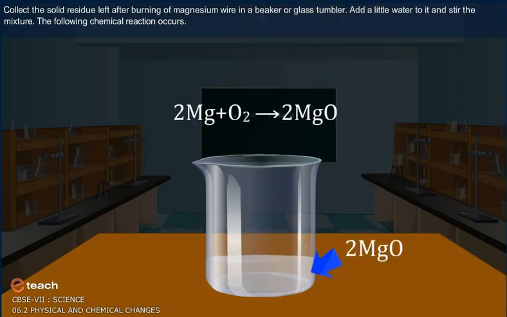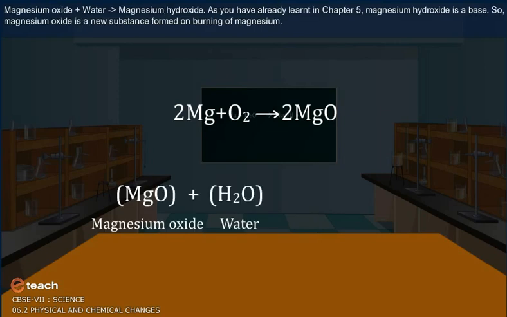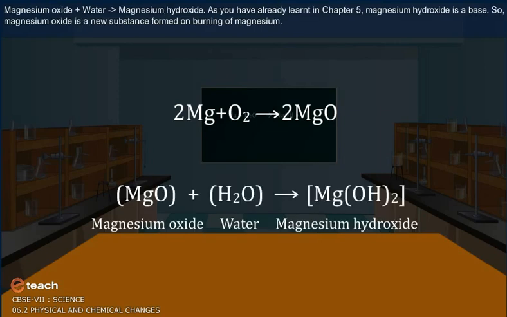The following chemical reaction occurs. In this reaction, magnesium reacts with oxygen to form magnesium oxide. In this reaction, magnesium oxide reacts with water to give magnesium hydroxide. As you have already learned in Chapter 5, magnesium hydroxide is a base.